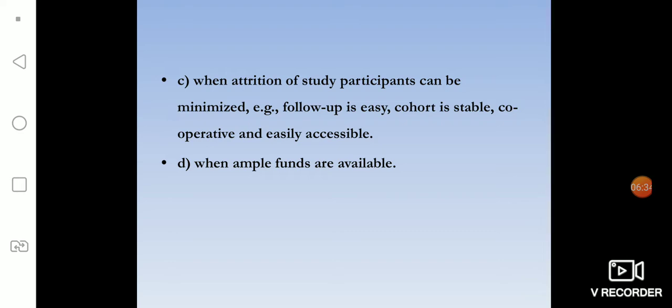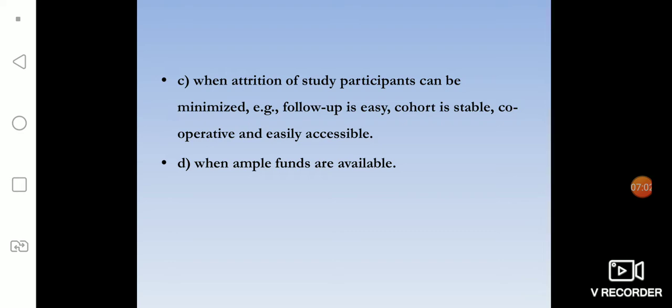That means either people are migrating or not stable, they get transfers, they move out of the place, or they are not accessible for us to follow up. So the number of people whom we are following up is coming down. That is called attrition. So this attrition problem should be very minimal. Only then can you go for a cohort study.